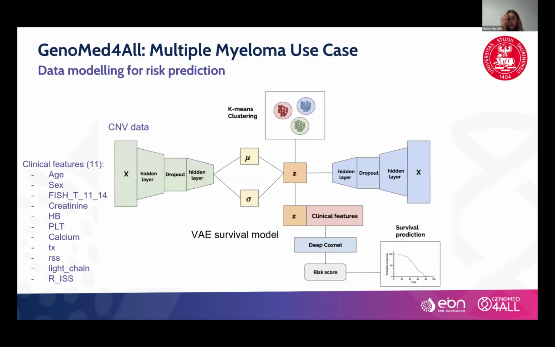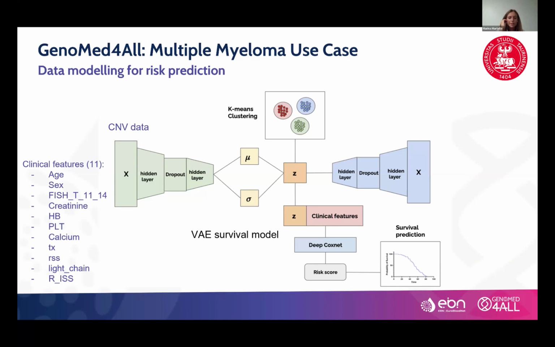In the second part of this overview of results in the context of the GenoMed4All project, these are results produced by the University of Turin and regard the data modeling for risk prediction.